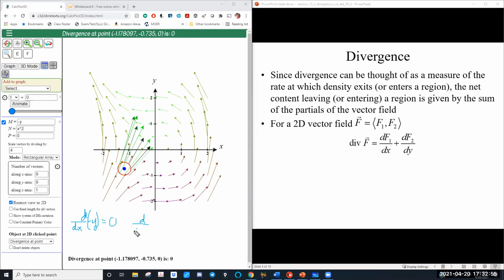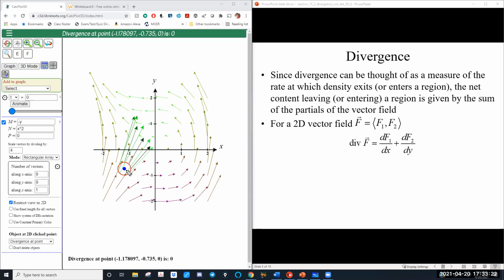The derivative with respect to y of the second component, x squared, equals 0. So our divergence is 0 plus 0, or 0 for all points. Obviously, that's not always going to happen, but I wanted to show you why we're getting that 0 there. It's going to depend on your vector field.